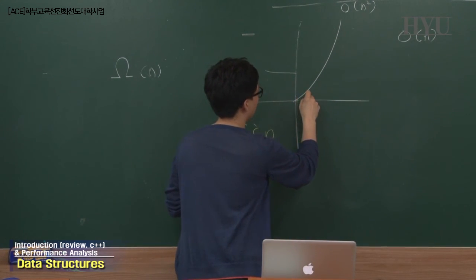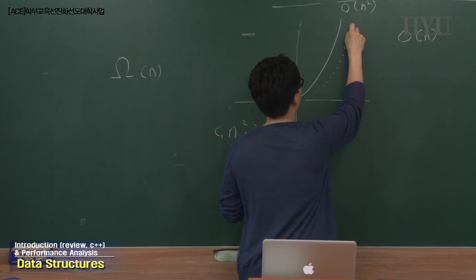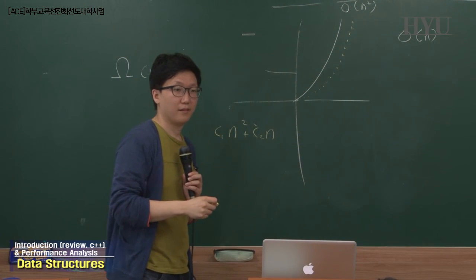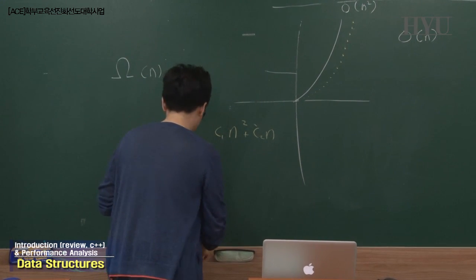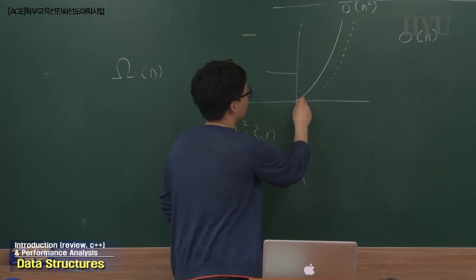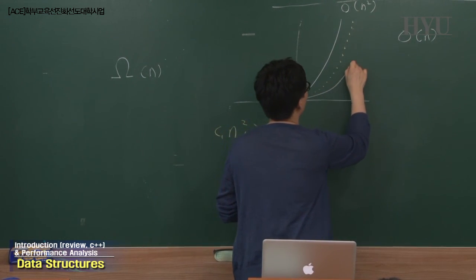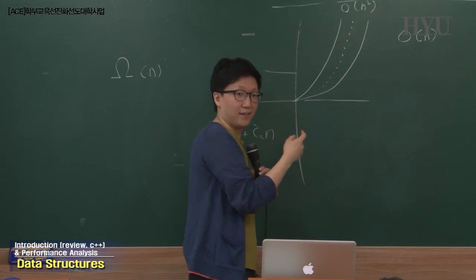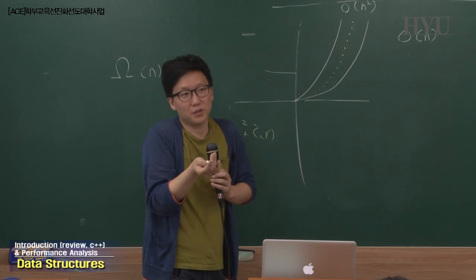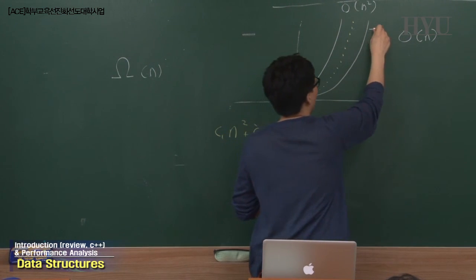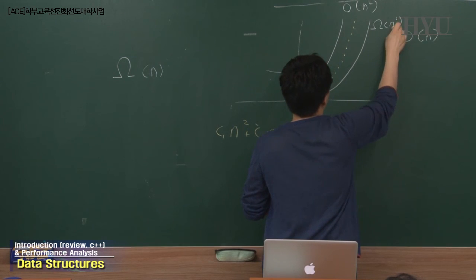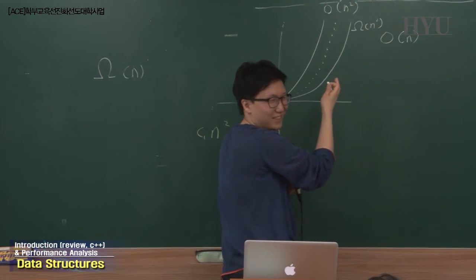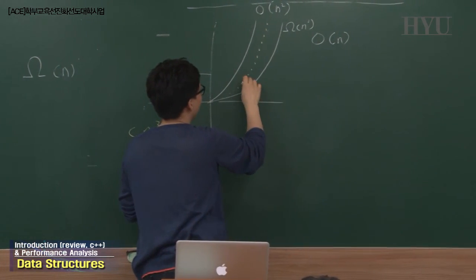Let's say somewhere here. Let's imagine that the lower bound is below this. If you want to remember it this way, it's also okay too. Big O, omega n. It's not correct, but you should be close.